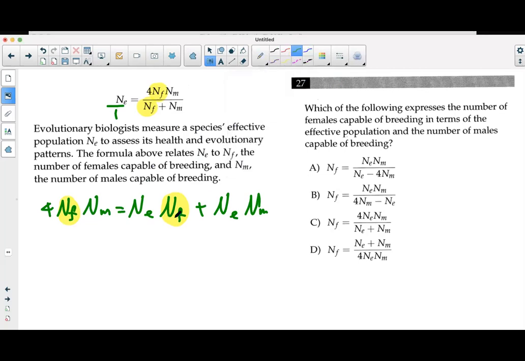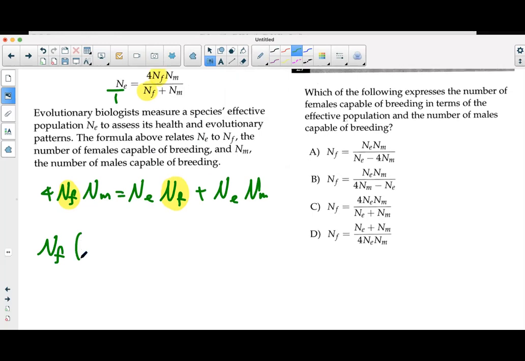And then I'm going to factor out n sub f. That's the key. I got to factor out n sub f. Then I'll end up getting 4 n sub m minus n sub e. That's the first one. And then it is equal to n sub e and n sub m.